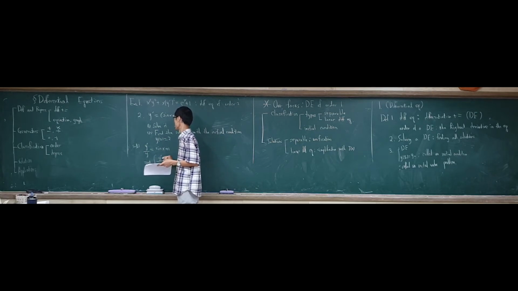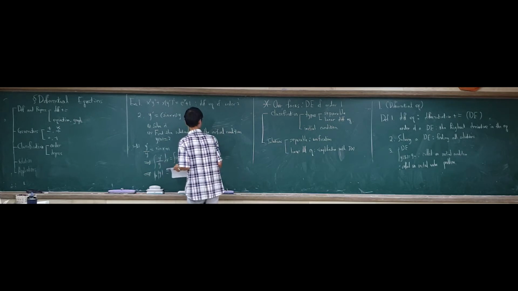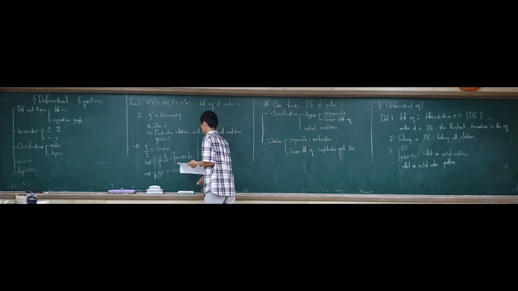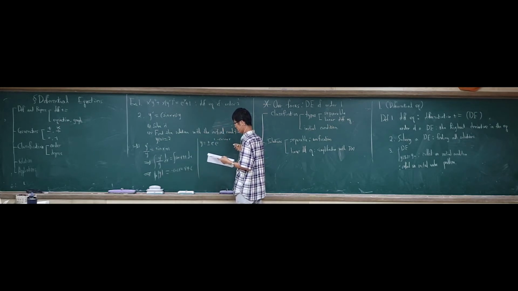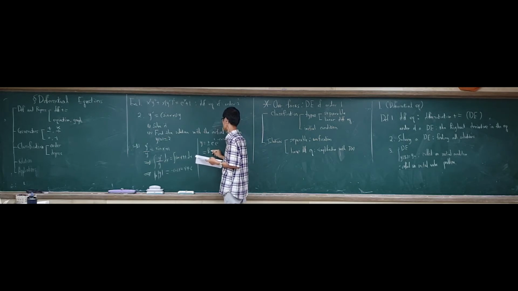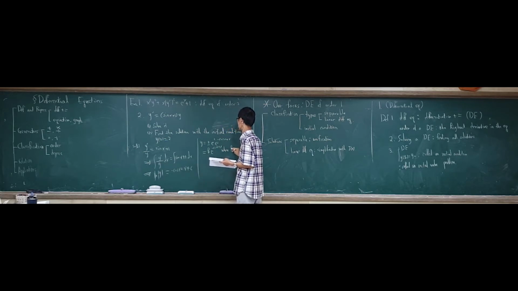So if we integrate both sides, then we can see that log of the absolute value of y is minus cosine x plus x plus some constant c. Then y is plus minus e to the c times e to the minus cosine x plus x, and so this can be expressed as k times e to the minus cosine x plus x, where k is considered as the number plus minus e to the c.